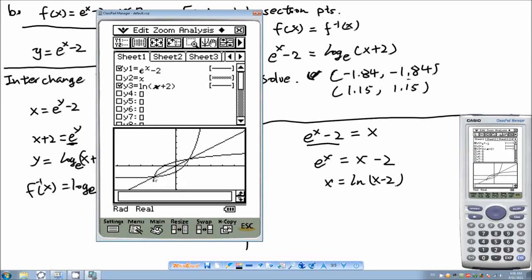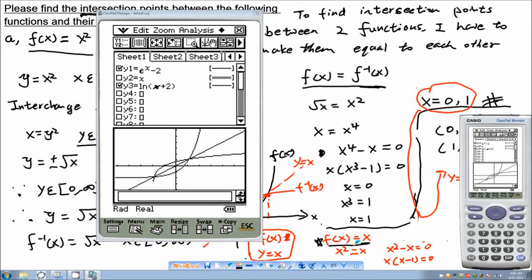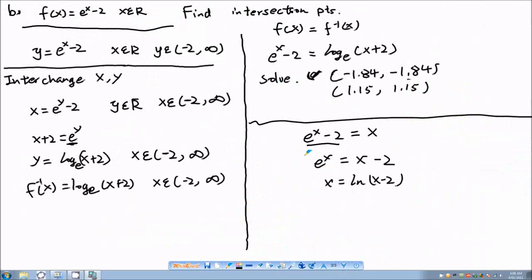So if they're going to meet at any point, they have to meet on the line y equals x. That's why we can use this step or this formula. Okay. Thank you.